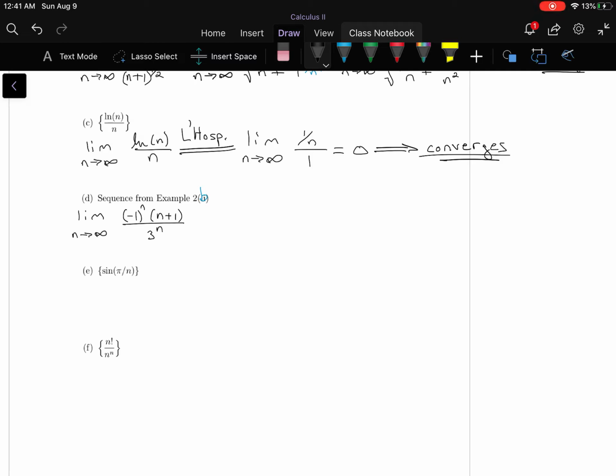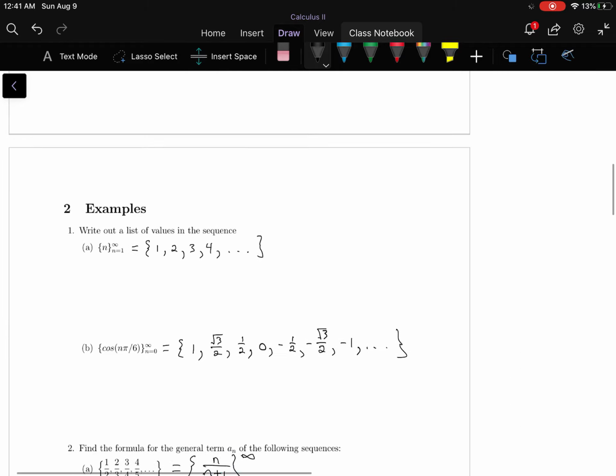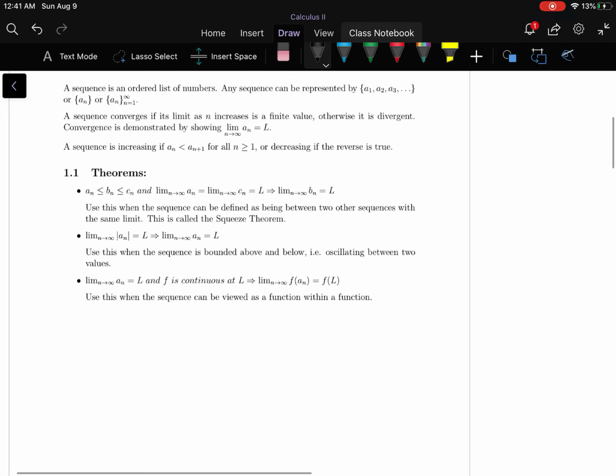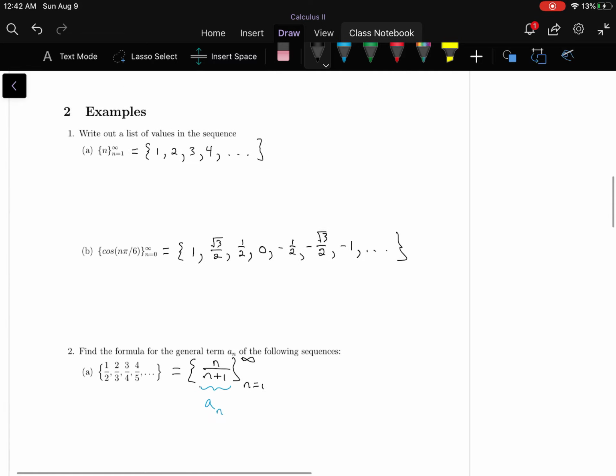Now this I recognize as an alternating sequence. It's oscillating between plus and minus. And so I'm going to make use of the second theorem right here, which says that when a sequence is bounded above and below, that means it's oscillating, if the limit of the absolute value of the sequence is finite, then the limit of the non-absolute value version will go to the same value.